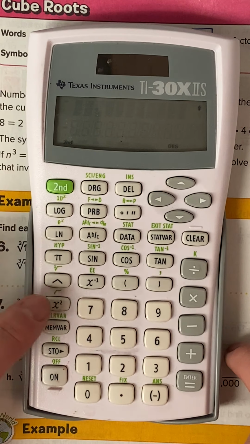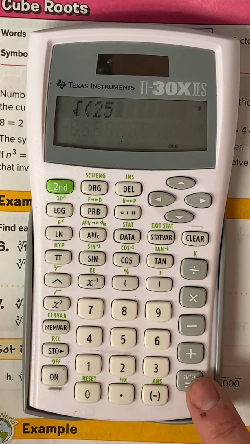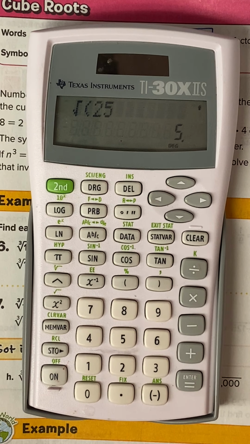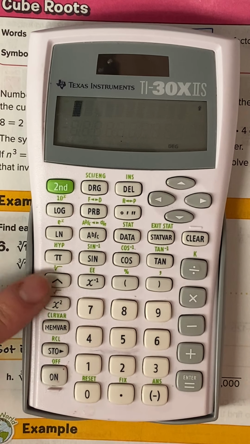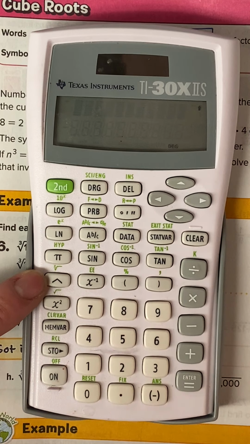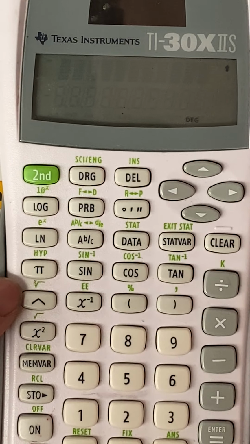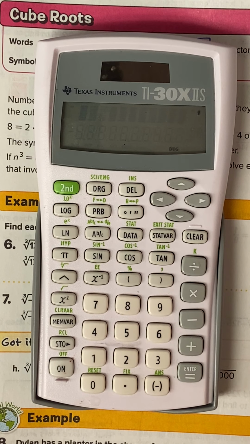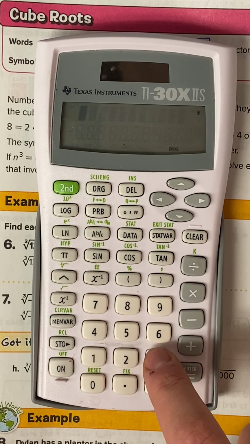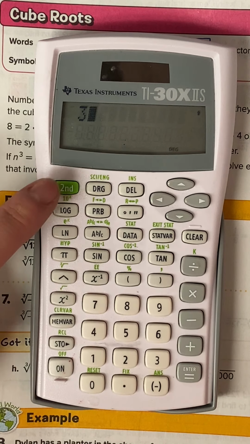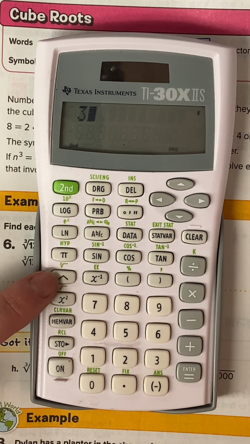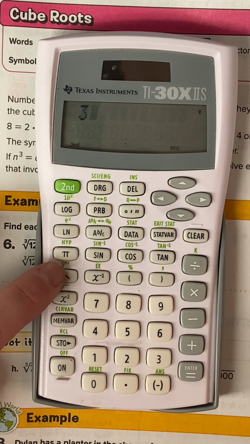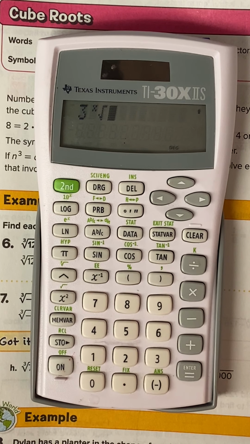Now the square root of 25 is 5. Now for cube root, we're going to use the button above it. So if you look very closely, you see a little x there. We can use that for other numbers. We're going to use cubed, which is to the power of 3. So I'm going to type in 3, and then second, the caret button.